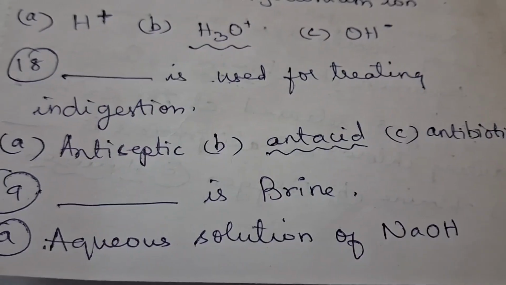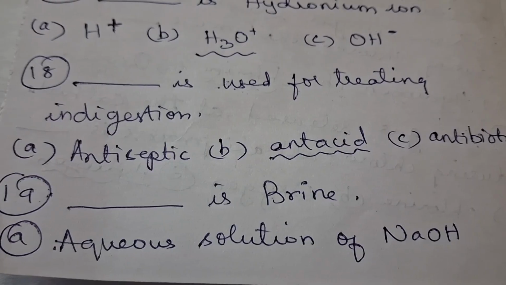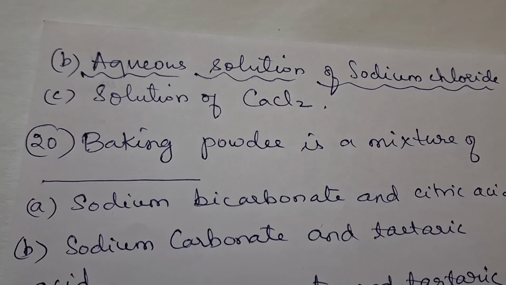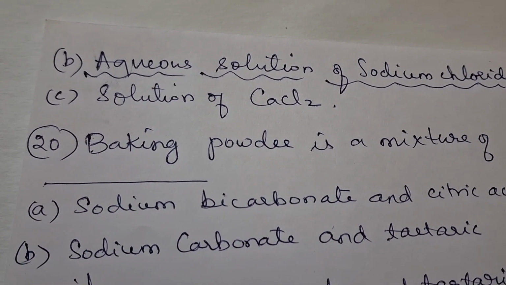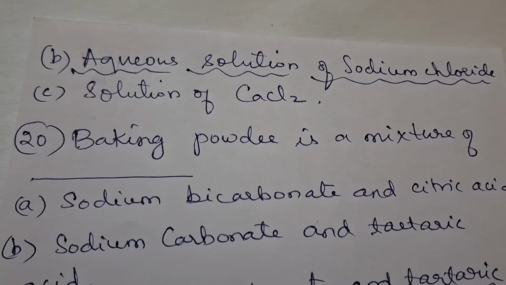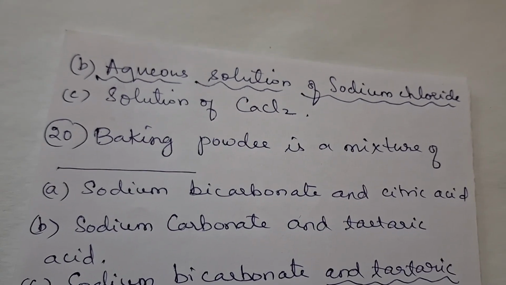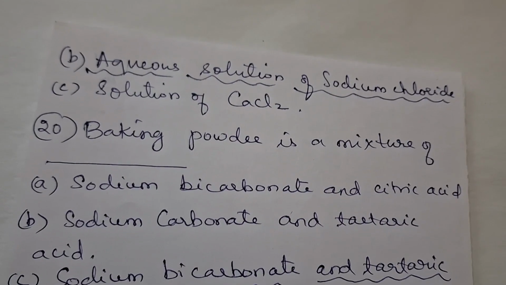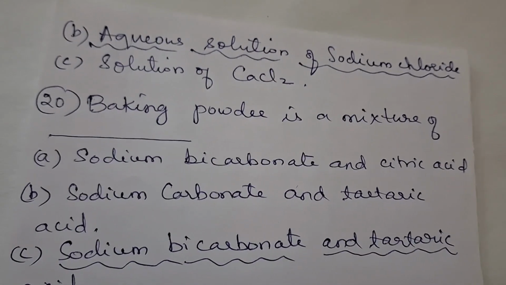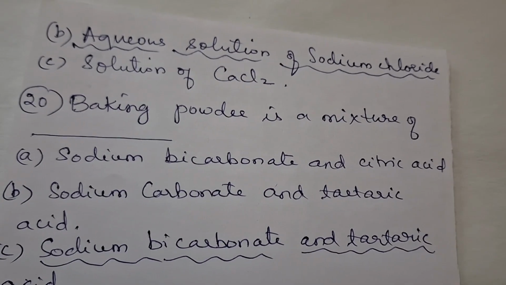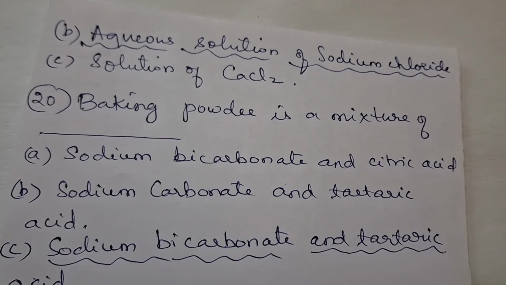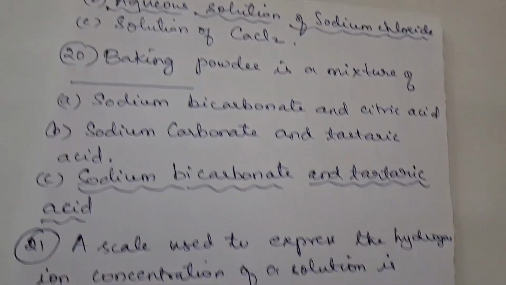Dash is brine: aqueous solution of sodium hydroxide, aqueous solution of sodium chloride, or solution of calcium chloride. So the answer is aqueous solution of sodium chloride. Baking powder is a mixture of dash: sodium bicarbonate and citric acid, sodium carbonate and tartaric acid, or sodium bicarbonate and tartaric acid. So C is the answer, sodium bicarbonate and tartaric acid.